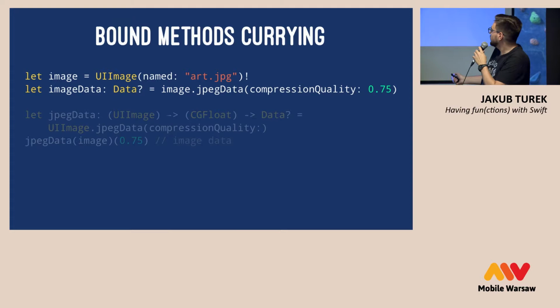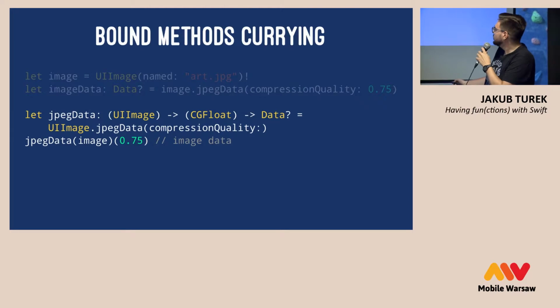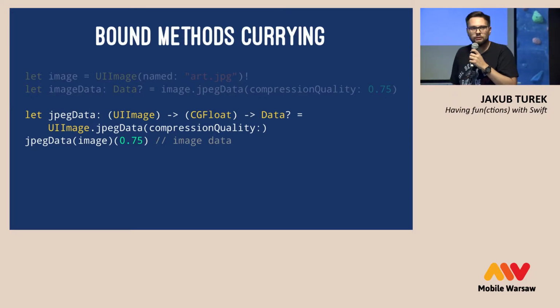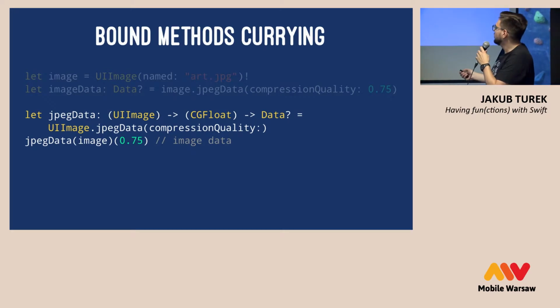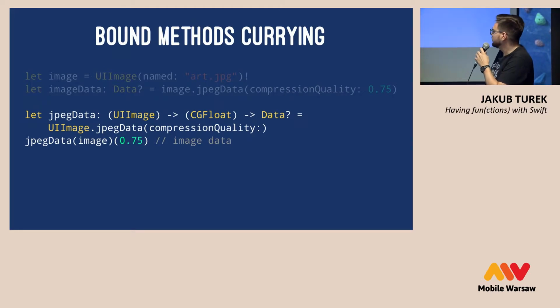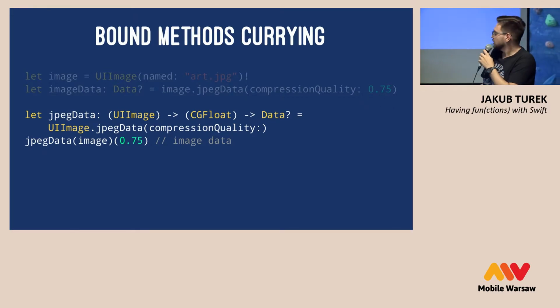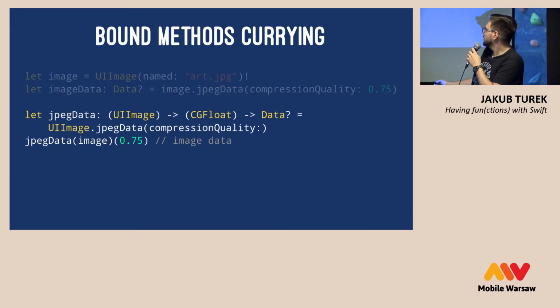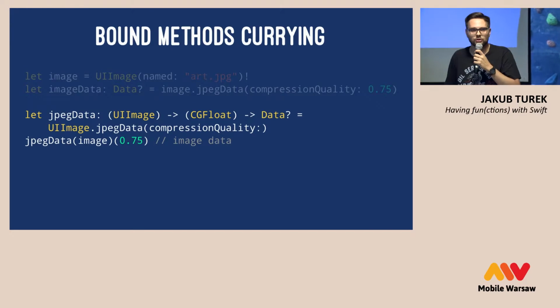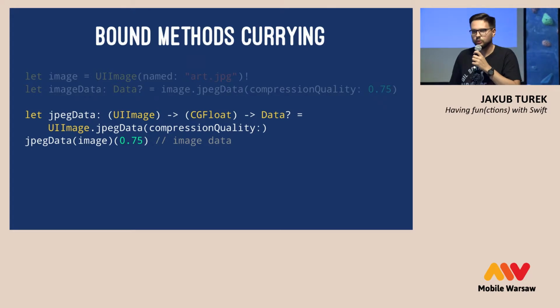Now, if we take out this instance of an object and we use the type name instead, we will get a function that goes first from an instance of that object, then to all of the arguments of the original function, and finally it returns the same data type as the original method. So using that knowledge, we can take that curried method, apply it to the image, and apply it to the compression quality, and it works exactly the same as the method that is bound to a type. But we have removed the dot syntax effectively.